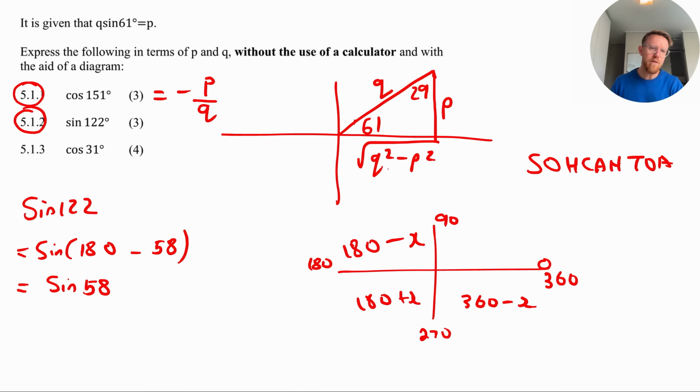Okay, now 58, we don't have 58 in our diagram, but often you need to look at the following. You need to try either use the angles of 30, 45, and 60 together with one of these.